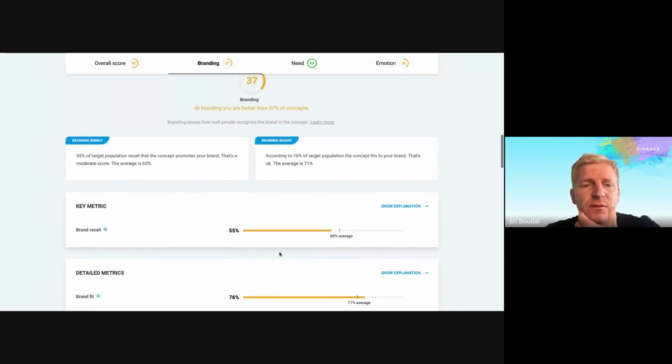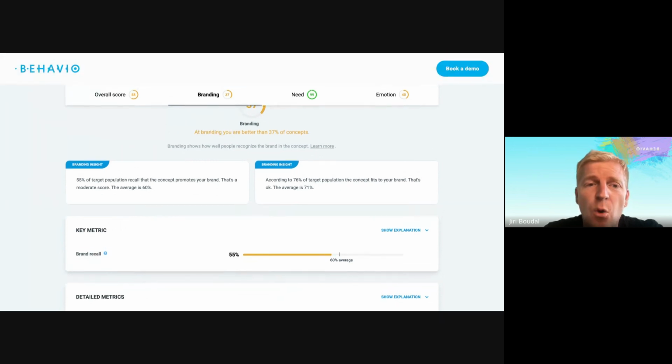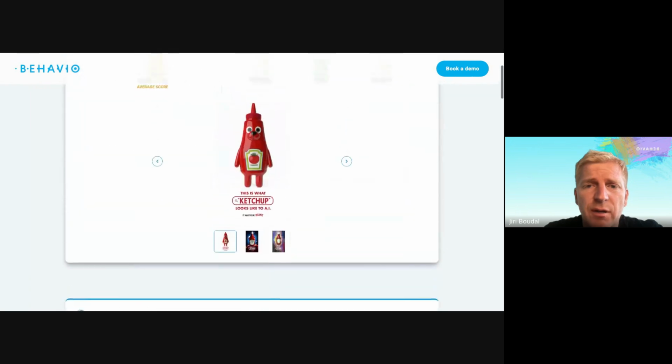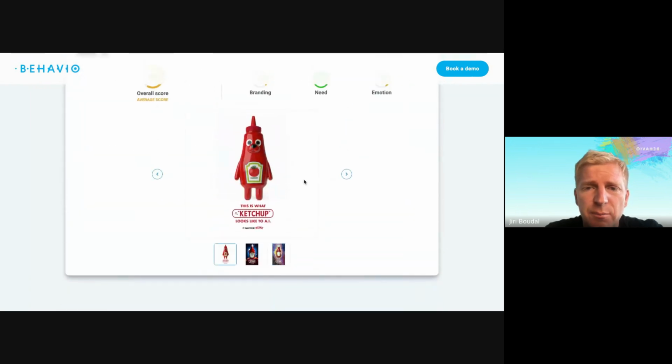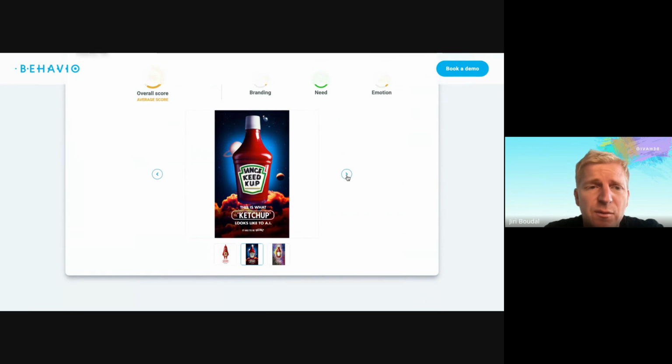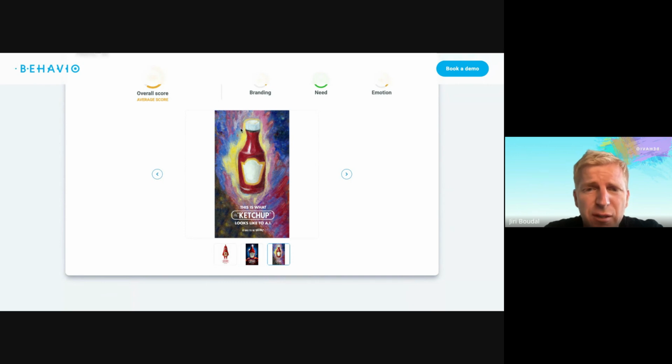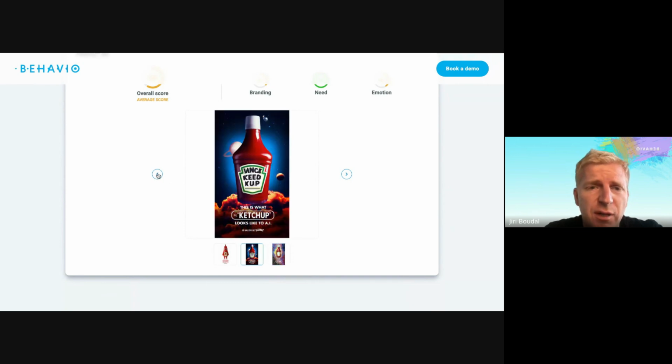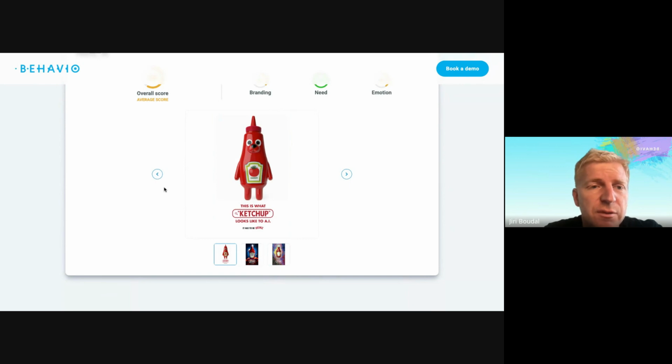You can see only 55% of the people who've seen this ad were able to say it was for Heinz, which is again an example of how we marketers overestimated the strength of our brand codes, because apparently we think that people will tell from the bottle shape that it must be Heinz, but no, the general public is not as familiar with that.